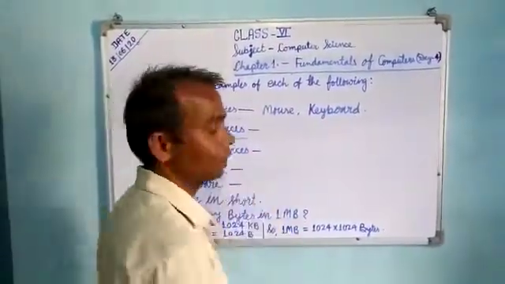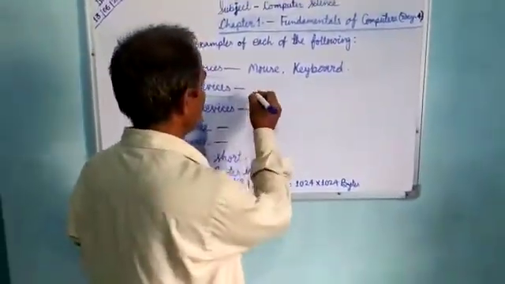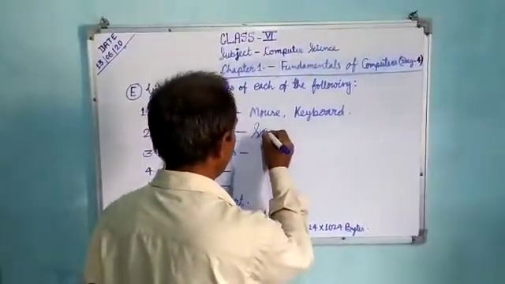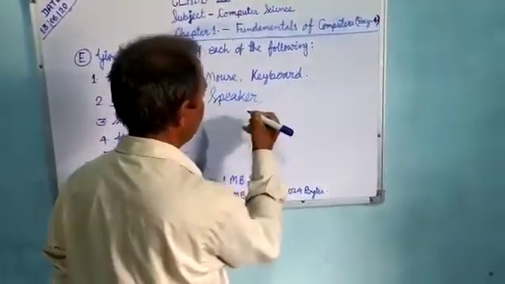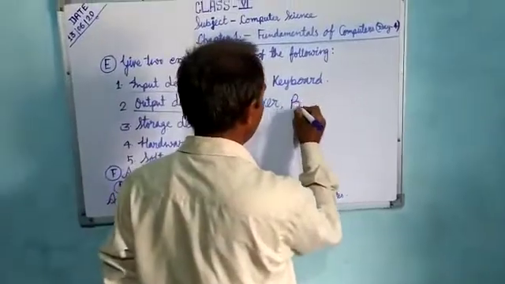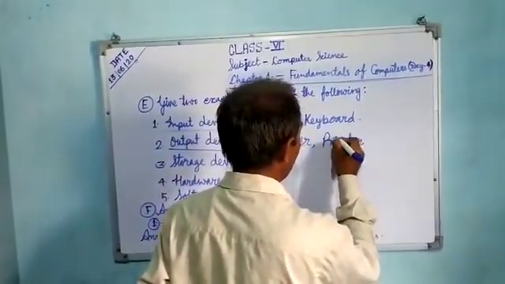So you give any two examples of output devices. You can write speaker, and second you can also write printer. So these are the output devices.